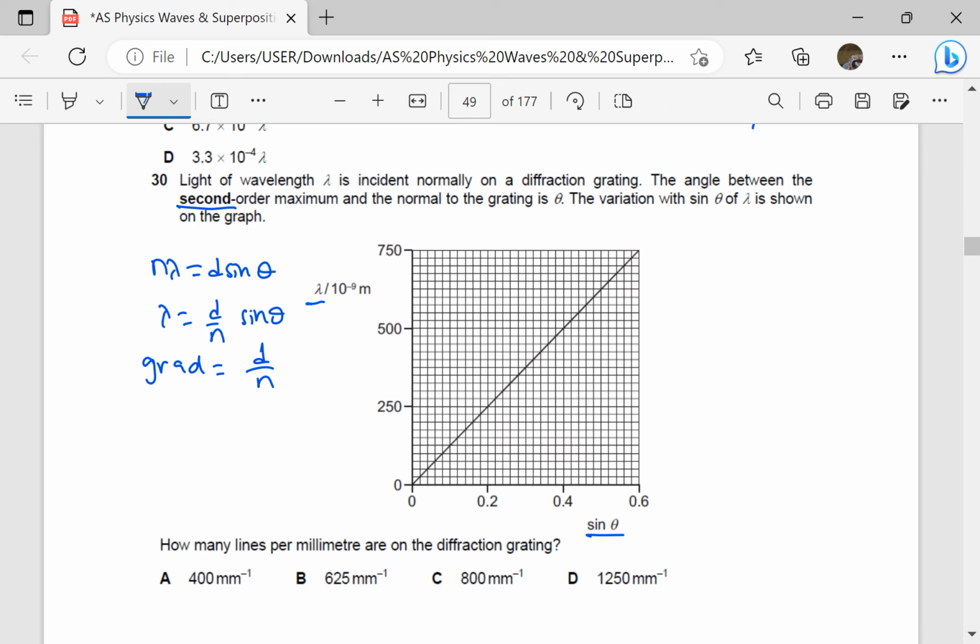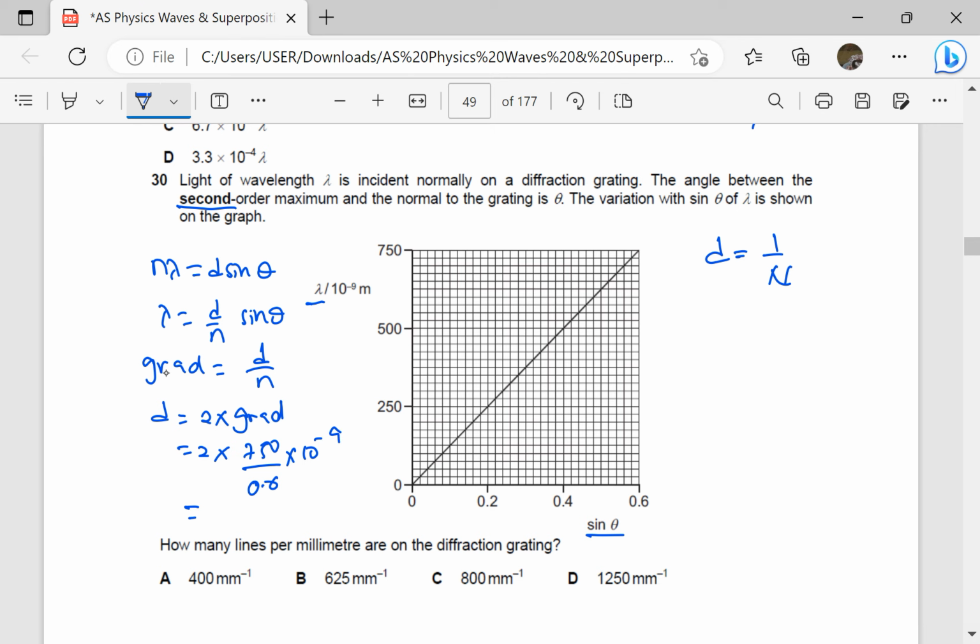So we want to find d first. d is going to be equal to 2 times the gradient, because n is 2. Remember, d is the slit separation, which is 1 over the number of lines. So this is 2 times the gradient, which is 750 minus 0 over 0.6, times 10 power negative 9.